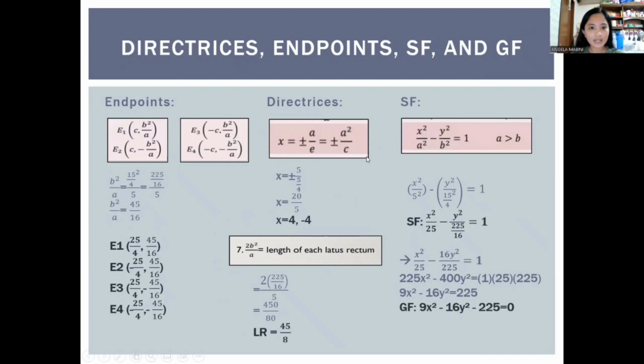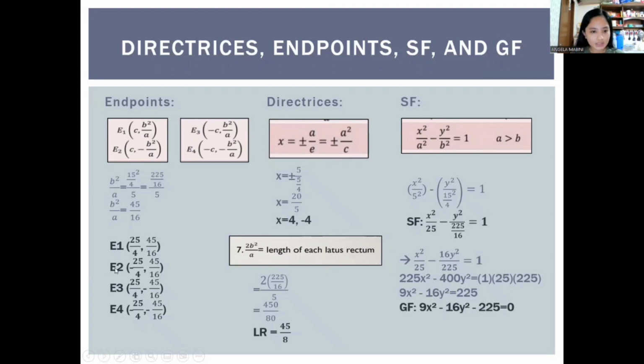Next, ang hahanapin naman natin is yung endpoints, directrices, yung standard form of equation, and yung general form ng equation. So para mahanap yung endpoints, ito yung representation niya according sa table. So isa-substitute lang natin yung nakuha nating value na C, value na B, and yung value ng A. So substituting it will give us the first endpoint, which is 25 over 4, 45 over 16.